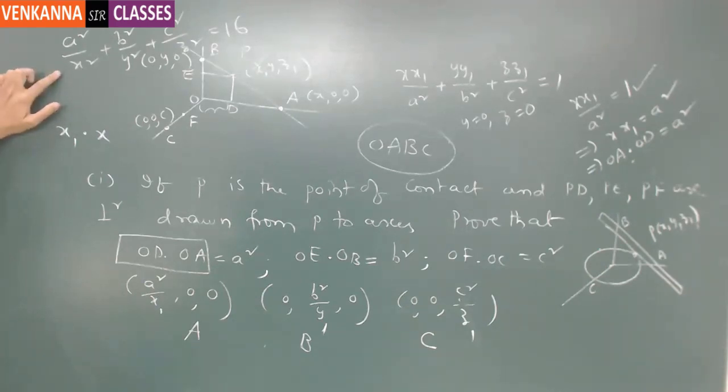Here you are calculating the locus of the centroid of the tetrahedron, so it will come as 16. So you can solve it on your own. It's a very easy problem. The same pattern you will do. Please take a note of it. The same equation will come, only the constant will vary.